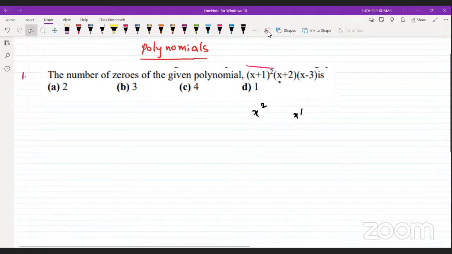So it has at most 2 plus 1 plus 1, that is 4 zeros. Here it is not mentioned at most, so we can choose it as 4.